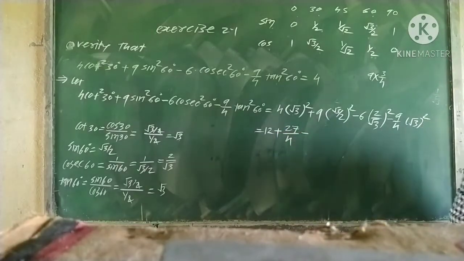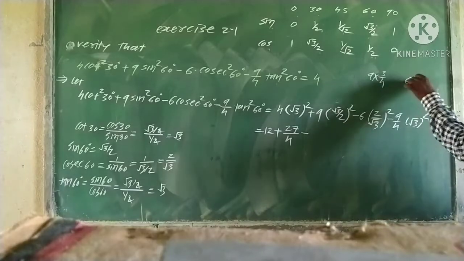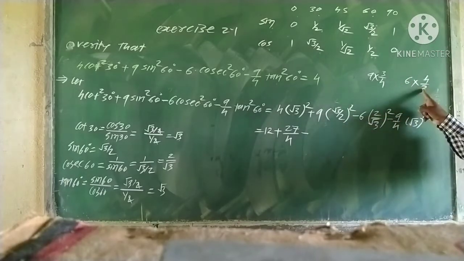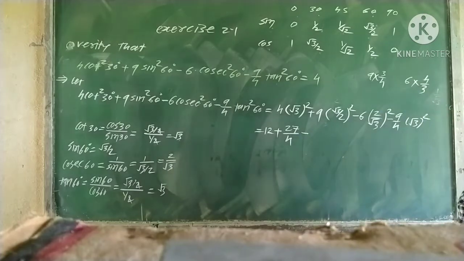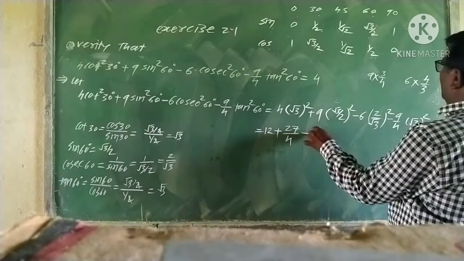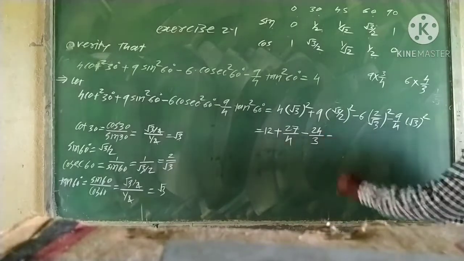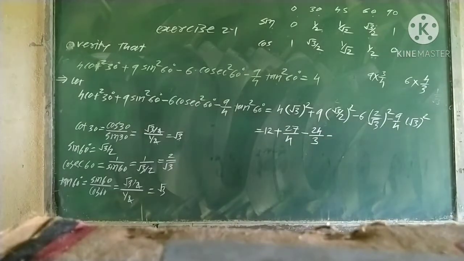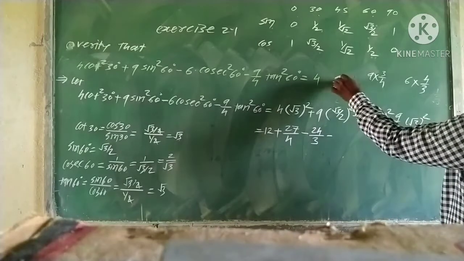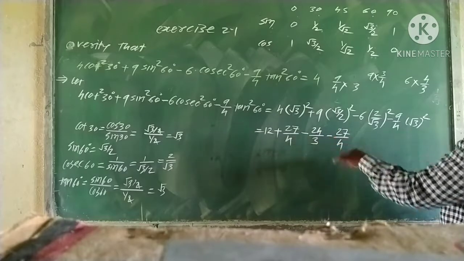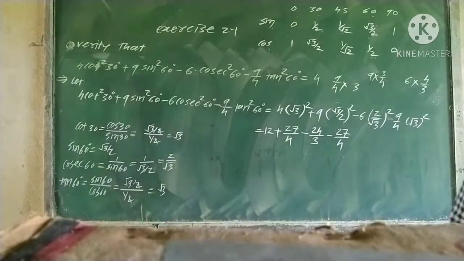Minus, now here 6 multiplied with 4 divided by 3, since 2 square is 4 and square root 3 square is 3. Now this term is equal to 24 divided by 3, minus, now here 9 divided by 4 multiplied with 3 is 27 divided by 4.